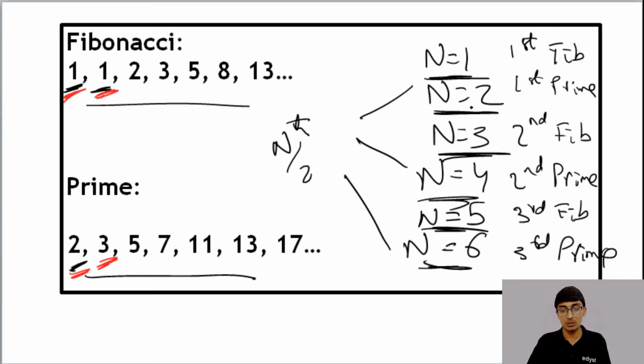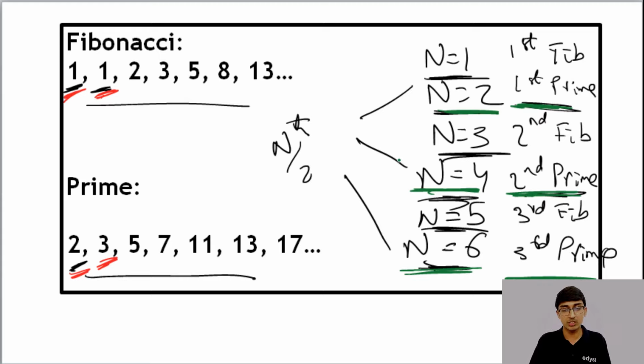So when n is equal to 2, we print the first prime number. When n is equal to 4, we print the second prime number. When n is equal to 6, we print the third prime number. So this seems straightforward: n is 2, first prime, 2 by 2 is 1. n is 4, second prime, 4 by 2 is 2. n is 6, third prime, 6 by 2 is 3. So we know which prime number to print.